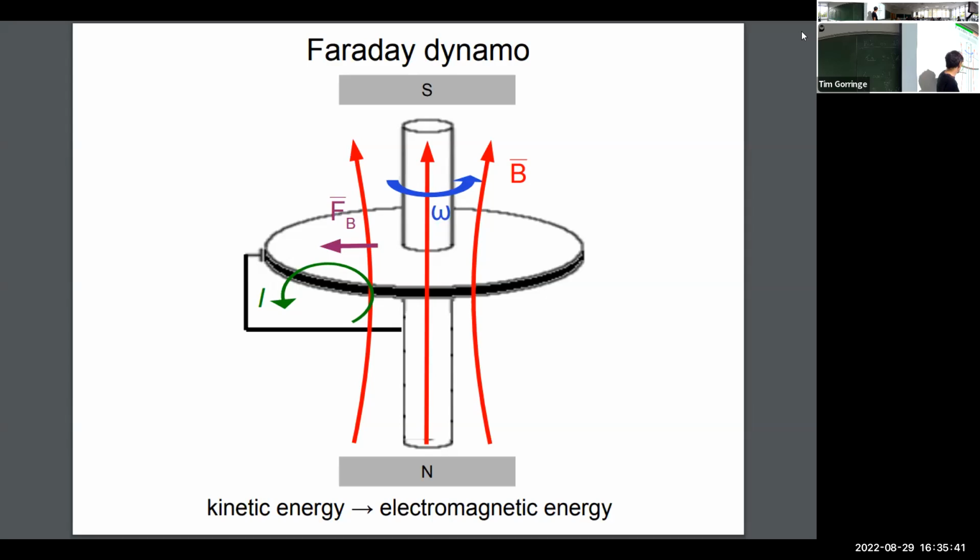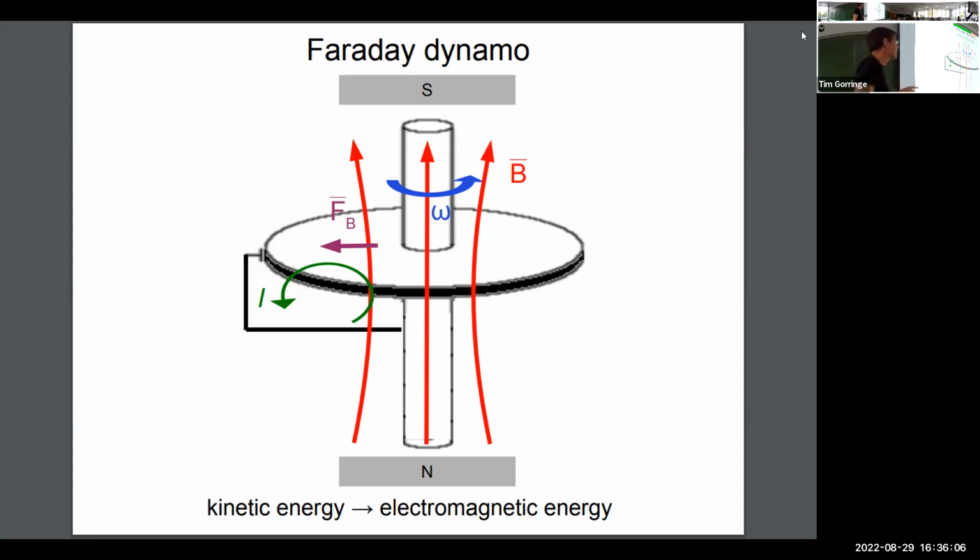The force on a positively charged particle over here will be towards the left, and that force will induce a current. You can see here that we're turning the rotational energy we put in by rotating the dynamo into electromagnetic energy. That's the heart of a dynamo.